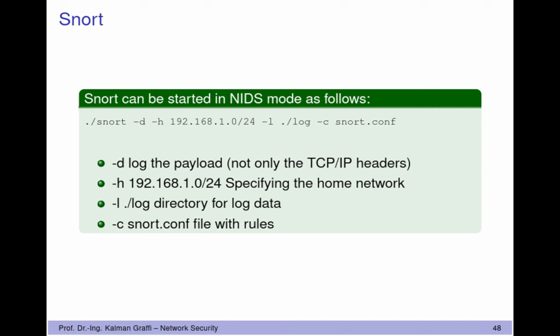So we will have a quick look at how to set it up. Basically it looks at traffic passing this machine, and you can specify what the home network is, because there's a distinction between external network and home network, and it logs everything that it observes.